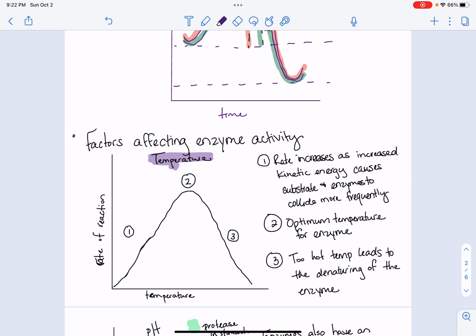They're both moving around in a liquid, and they collide. So as the temperature increases, so does the rate of reaction. That's because as temperature increases, the molecules within the liquid start moving faster and faster, and so that causes the substrate and the enzyme to collide more frequently.